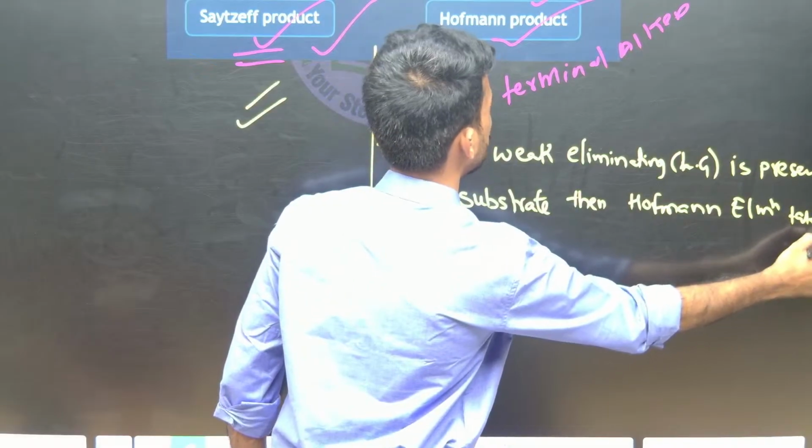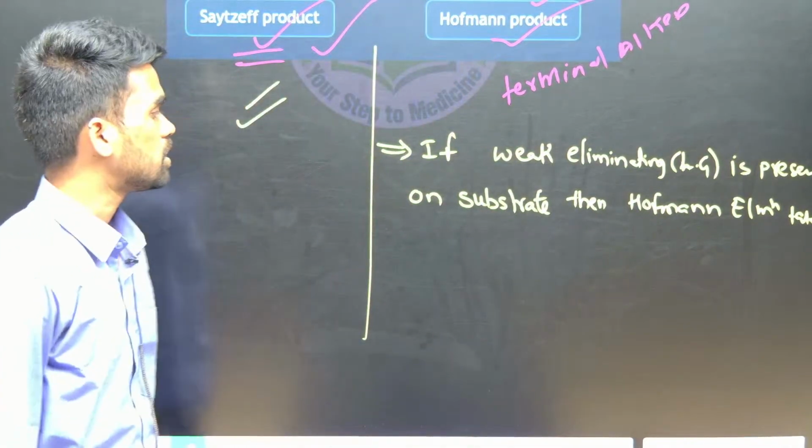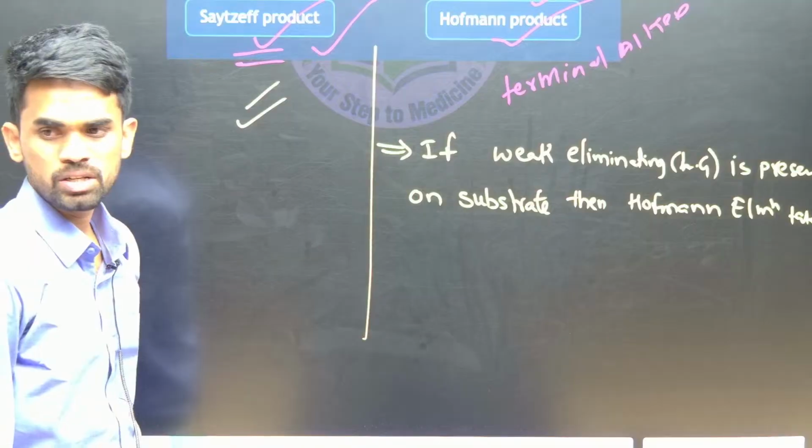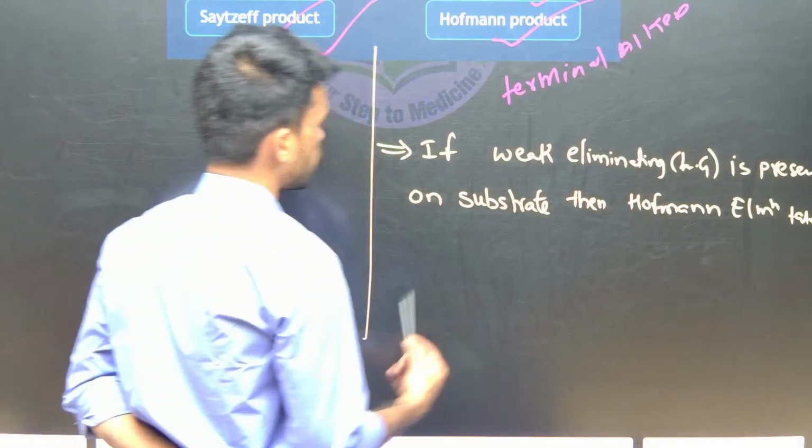So what I am saying, if a weak leaving group is present on substrate, then Hofmann product is formed as major.